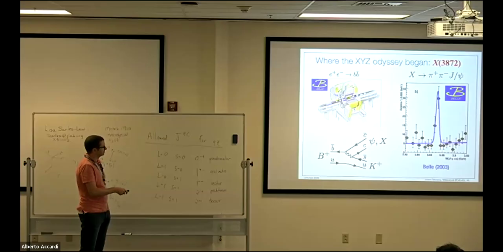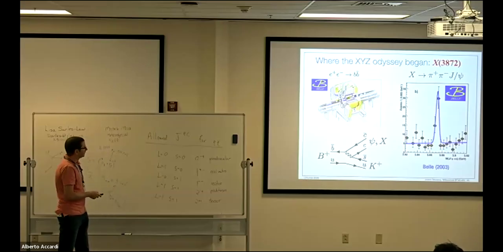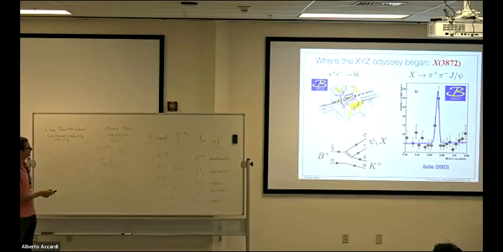This goes through some standard model interactions that I don't have time to tell you about. But you can make a J psi, a psi, and a kaon. What people looked at was this X that was produced with 2 pions and a J psi, so it had to have charm anti-charm in it.